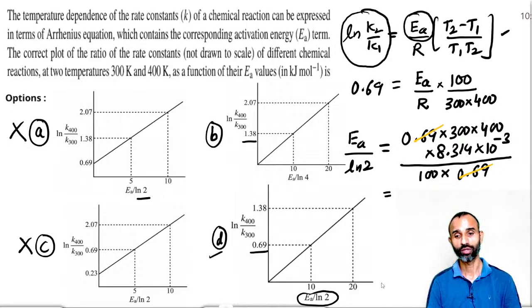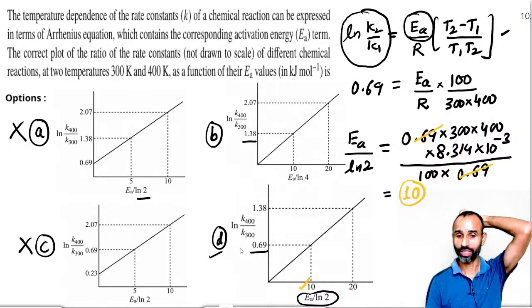What is the value? 4 3s are 12. 12 8s are 96, means almost 10. It comes out to 10. That means D option is correct.